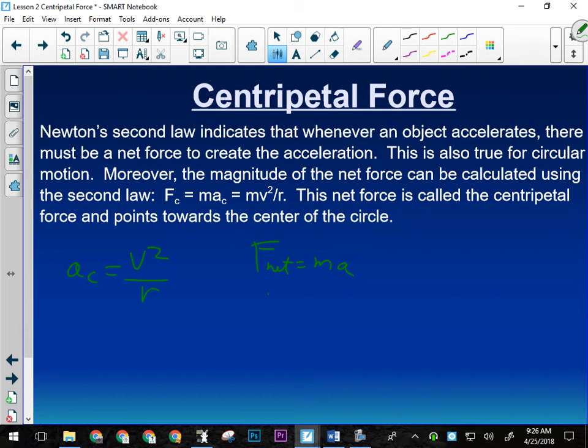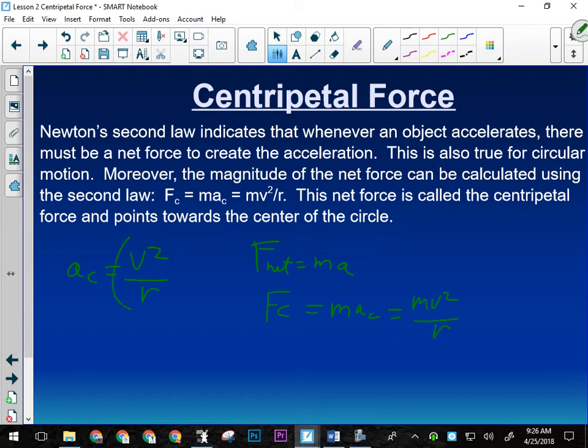centripetal acceleration, okay, and centripetal force is the net force of all the forces acting on an object moving in a circle. So it is then the net force. So really, all we're saying here is that it is mass times centripetal acceleration, which is mv squared over r.